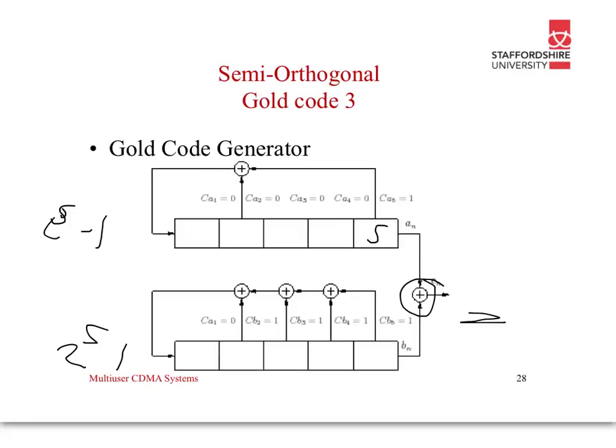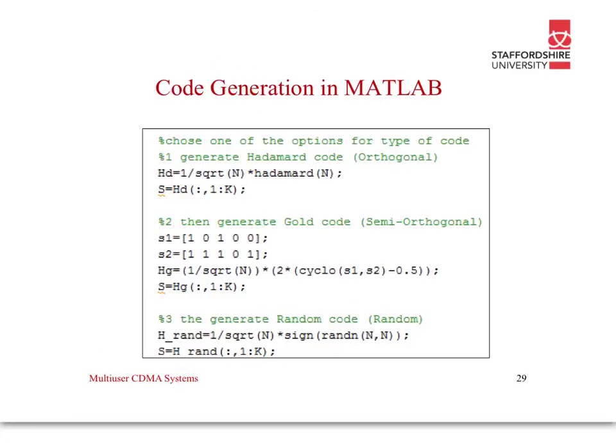I've already described it. Okay, so when we generate the code in MATLAB, what I've done here is got 3 examples. We choose S depending on which type of code we want. If you're simulating orthogonal, then we comment out these and this one, and vice versa, so you need to comment out each one.